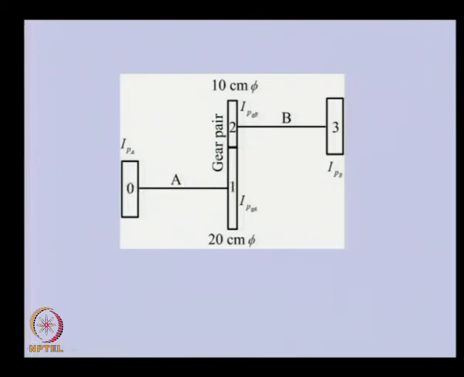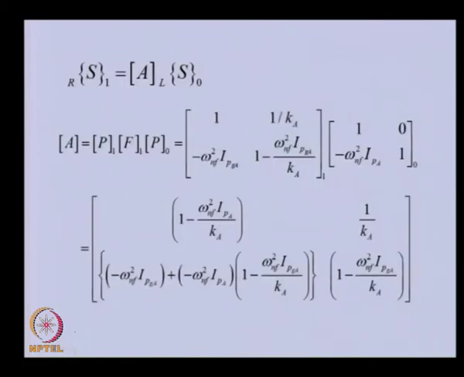So, we have related the state vector, which is here as right of A1, and this is the 0th station of branch A. So, we have related this by the A matrix, where the A matrix is the multiplication of the point matrix, field matrix, point matrix.